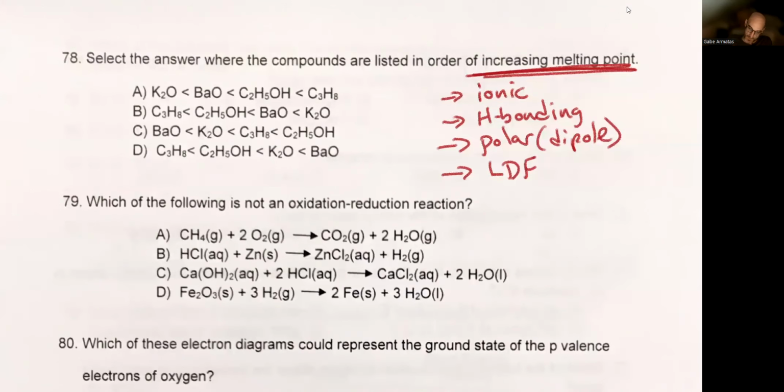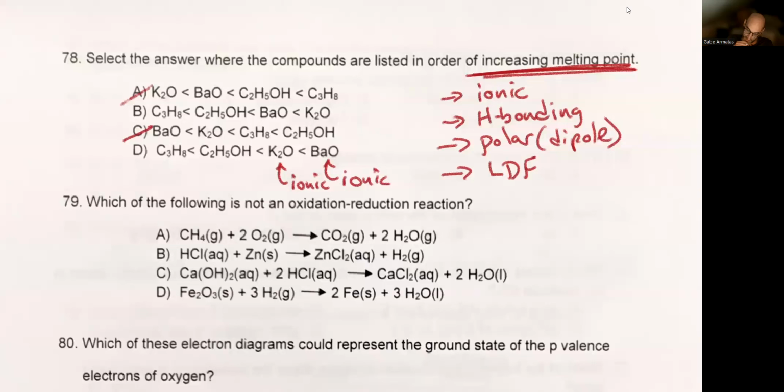So out of this list, I'm just going to use the bottom one here, and then we're going to order it. K2, that's ionic. So is barium oxide, that's ionic as well. So those two right there. Because it's order of increasing melting point, those have higher melting points, K2 and BaO.